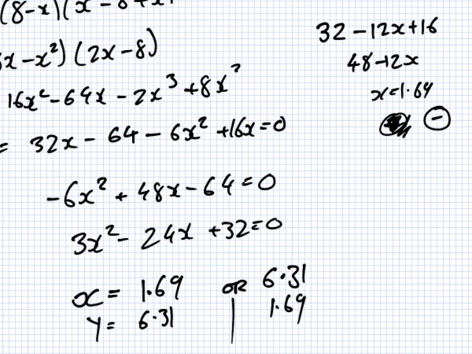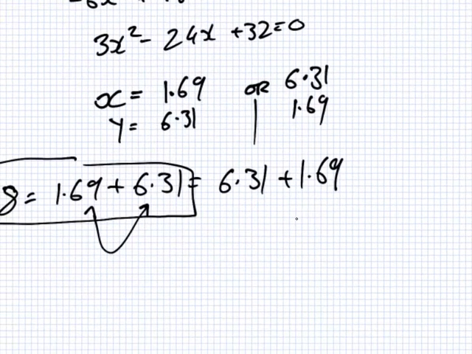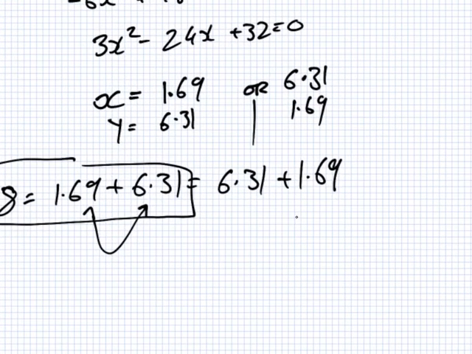Weird. But if I use the other one, x is 6 point... I think I know what's happening. Yeah, one of them's a max and one of them's a min. But you might be saying, aren't they both the same answer?